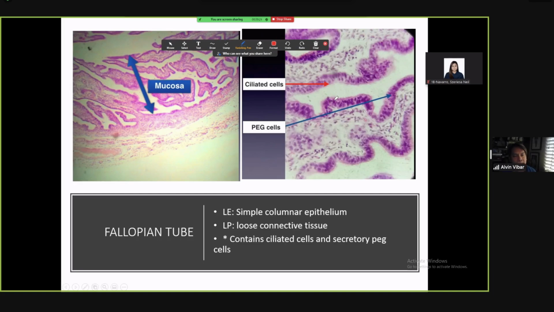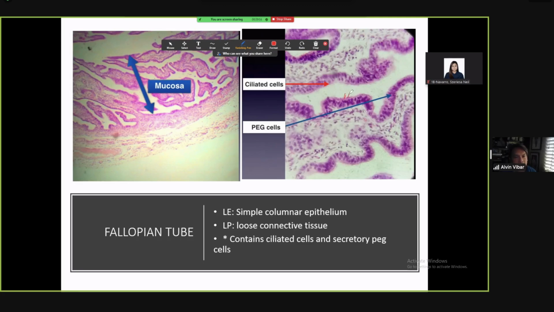We call them your columnar ciliated cells, and the non-ciliated cells we call peg cells. Again, two types of cells lining the epithelium. You have your columnar cells, so I want you to imagine columnar with cilia, hair-like projections, which are motile.